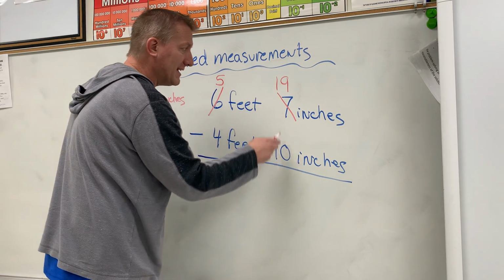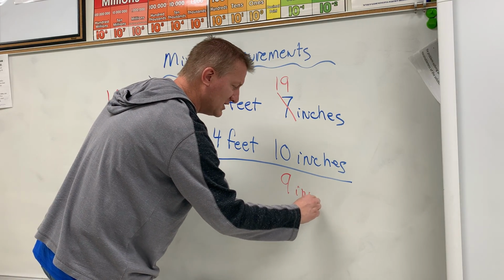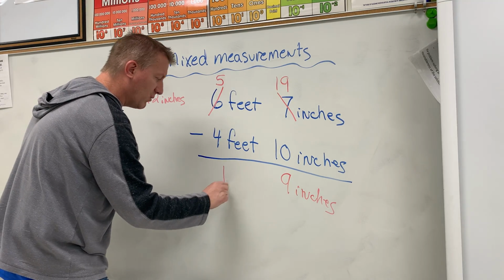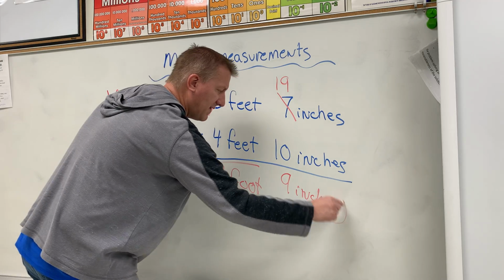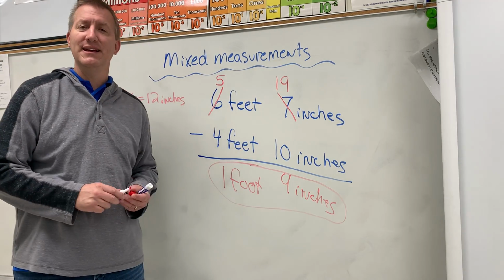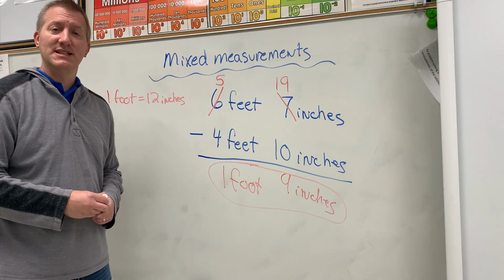And now I can subtract. 19 minus 10 is 9 inches. 5 minus 4 is 1 foot. So there's my answer. 1 foot and 9 inches. Okay, it's just as easy as that.